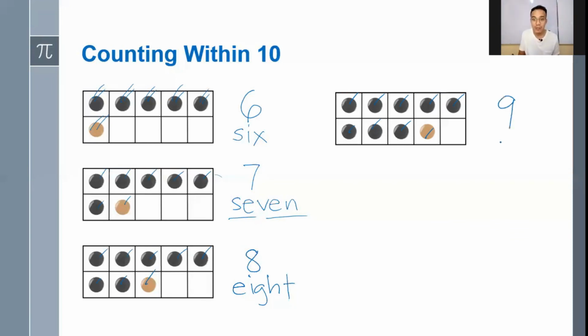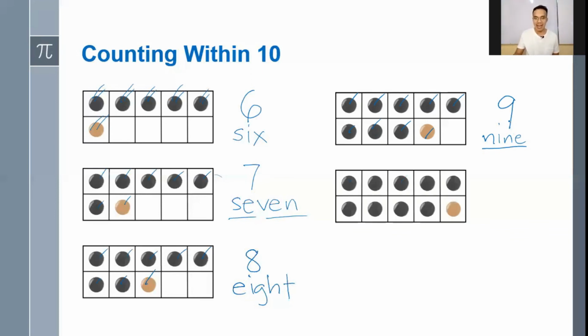This is how you write number 9, and of course, you are also asked to write number 9 in word. How do you do it? We have 9. Say 9. N-I-N-E. 9.